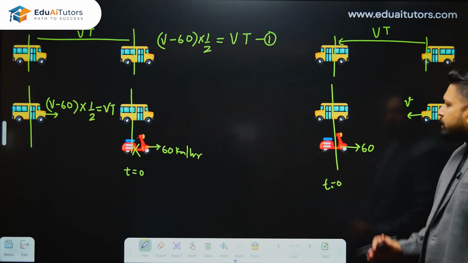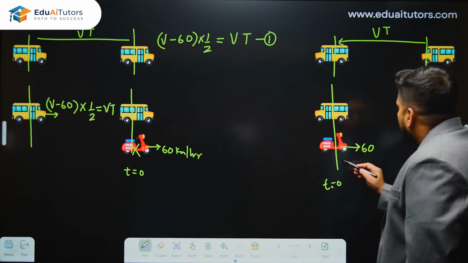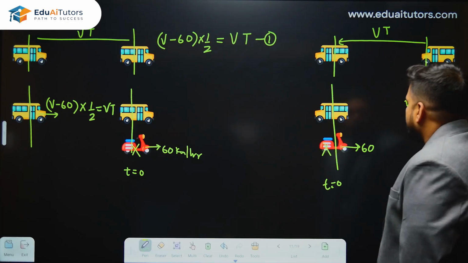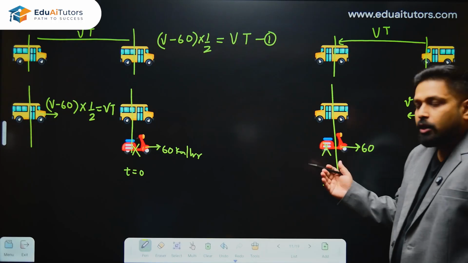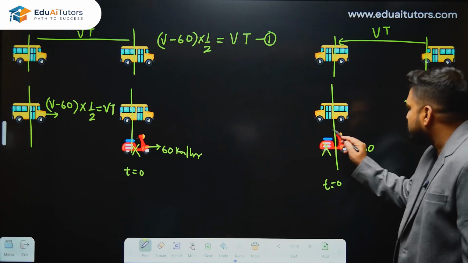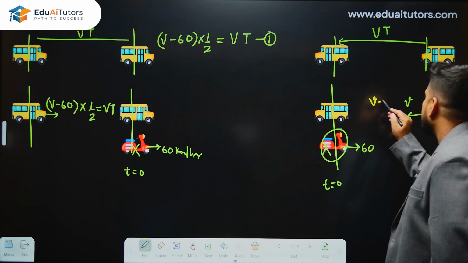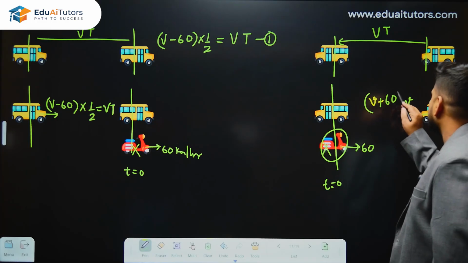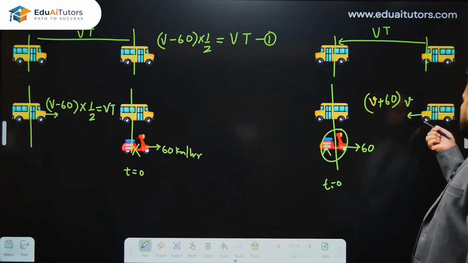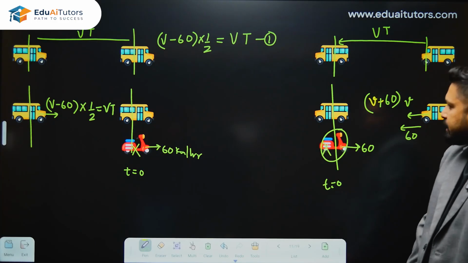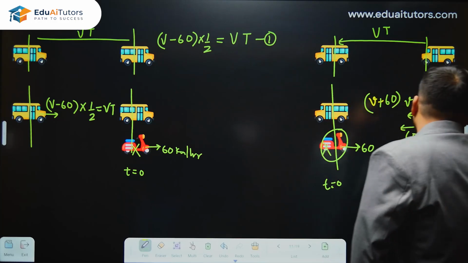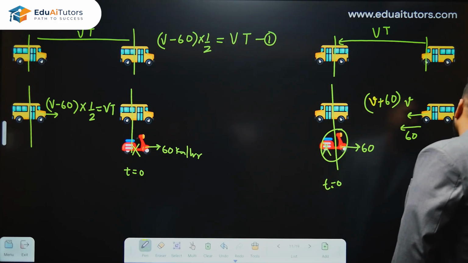When we make the scooty come to rest, the relative velocity of this bus with respect to the scooty will become V plus 60, because the scooty gives its velocity to the bus in the opposite direction. And this happens every 10 minutes.